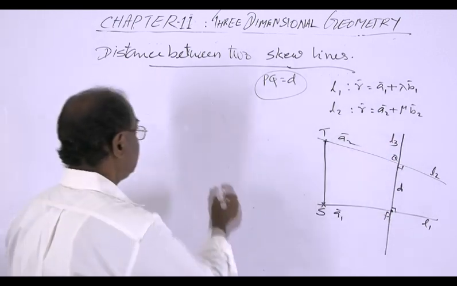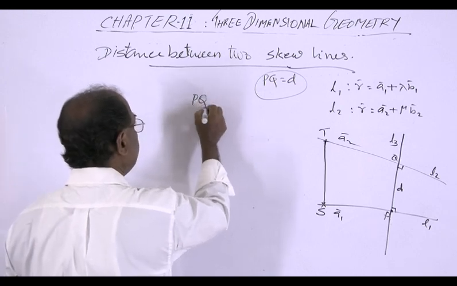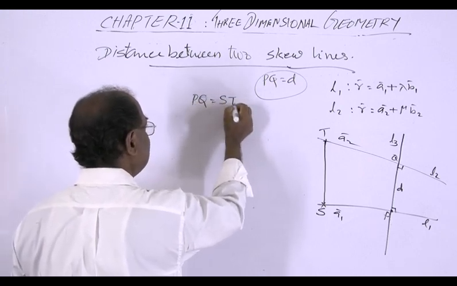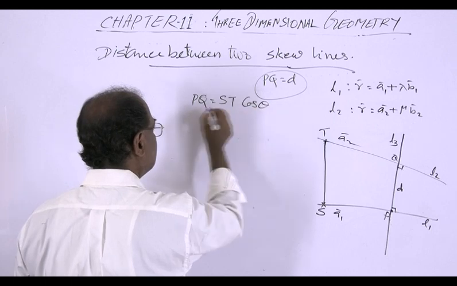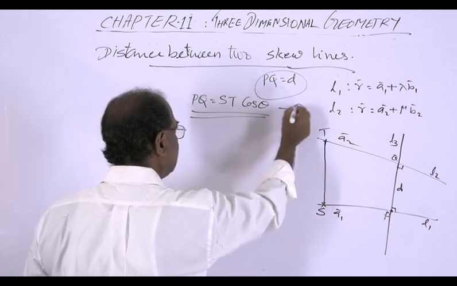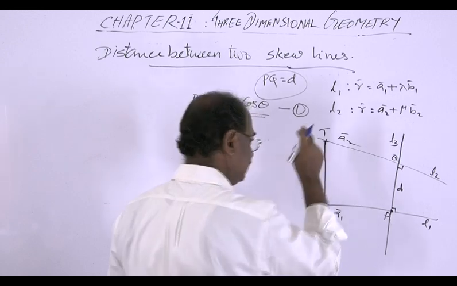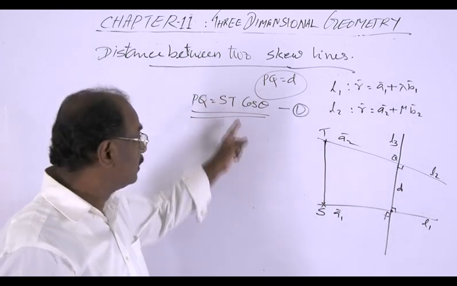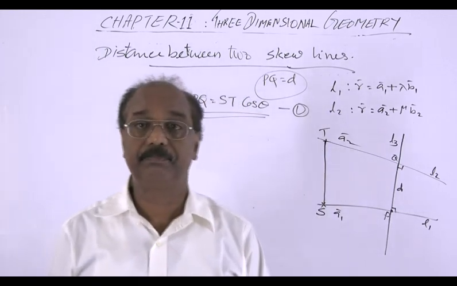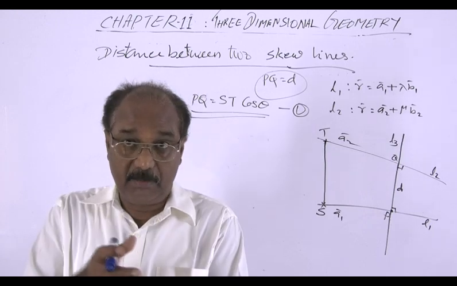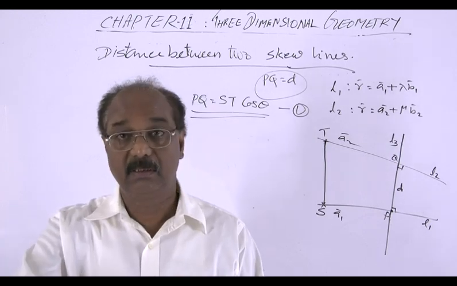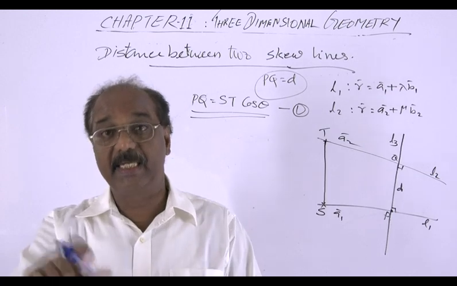And therefore we see that PQ is equal to ST cos θ, where θ is the angle between the lines PQ and ST. This is what we have seen in vector theory: projection of a line segment on another line segment or another line.